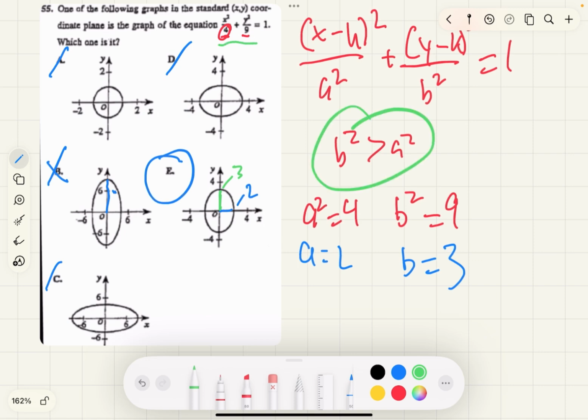So we were able to cross out these 3 answer choices. And when comparing the remaining two, we see that B is way more vertically stretched compared to E. B's vertical stretch is almost 7 or 8, as depicted here. And so we were able to cross out B and land on E as our final answer choice.